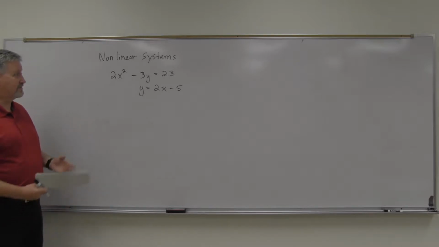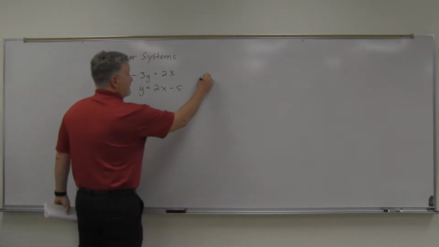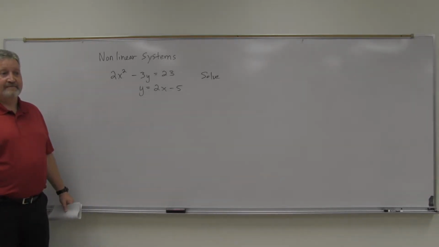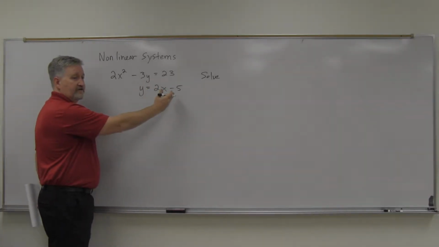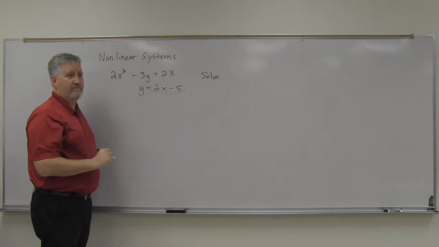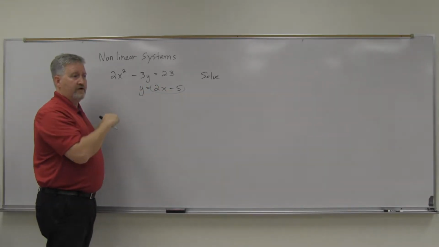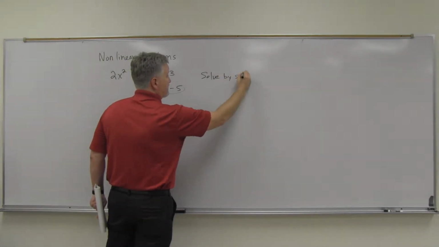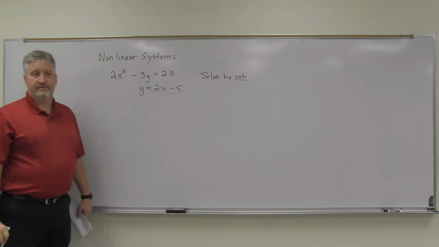What is this one set up for? Looks like a substitution, doesn't it? I've got y equals 2x minus 5, and so I've got something that I can replace y by in the other equation. So this one looks tailor-made for substitution.